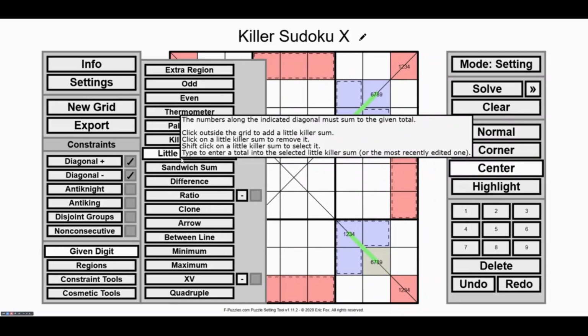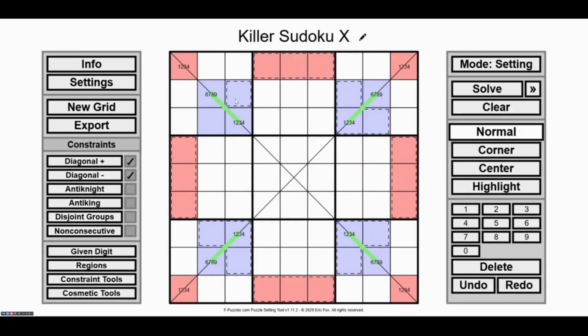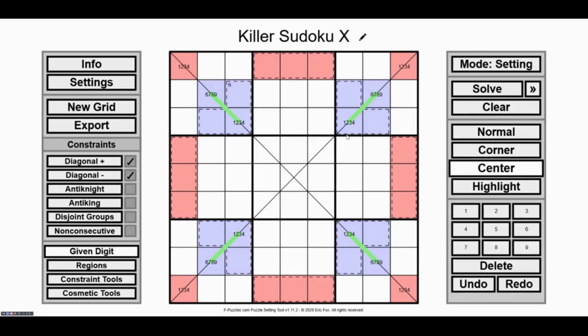That will do two purposes. First, it will keep this digit a small digit, and second, this three-digit cage has to sum to 6. So this digit will be a small digit anyway, and people will find out there are 1, 2, 3, and that will give them a digit here, 4.